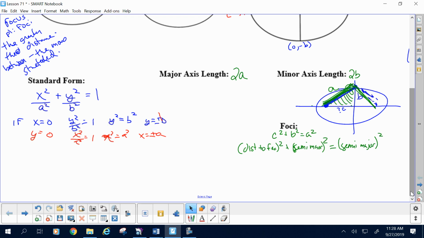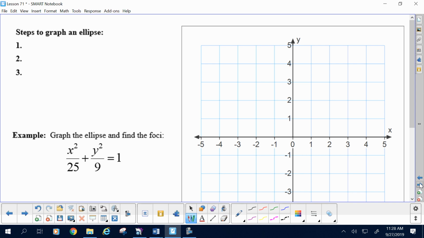Now, take a look at this. If I asked you to graph this, it's already in standard form, which is awesome. The first thing you're going to do is locate the center. Just like circles, we'll start centered at the origin, and then shift it around, horizontal shift and vertical shift and all that stuff. But for today especially, our center is the origin.